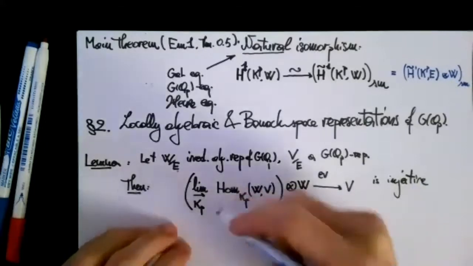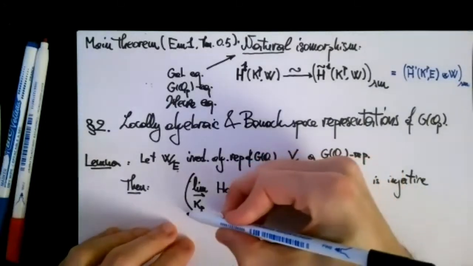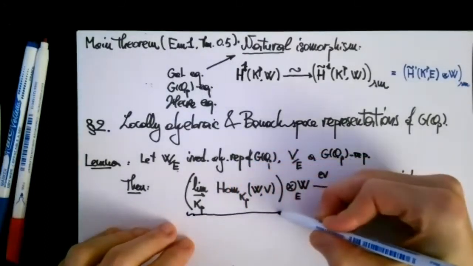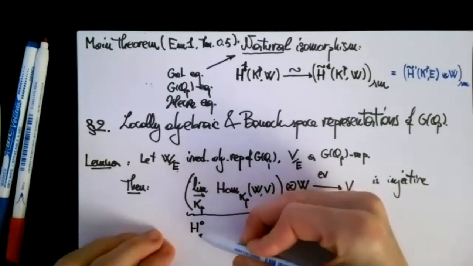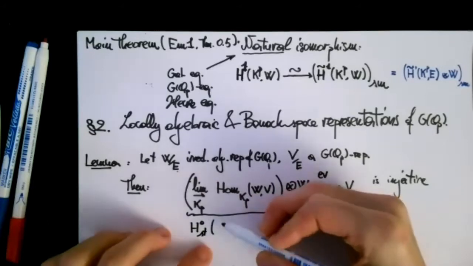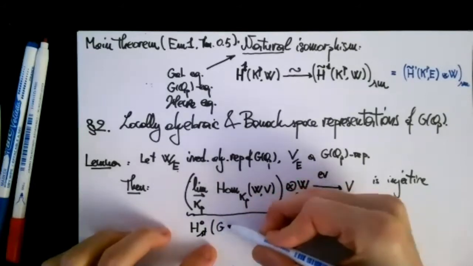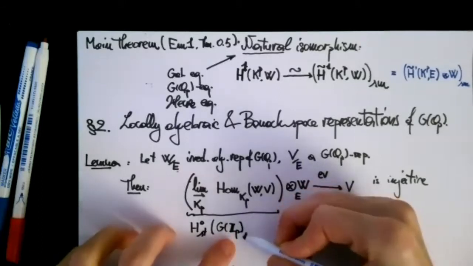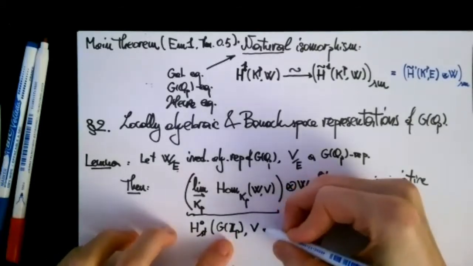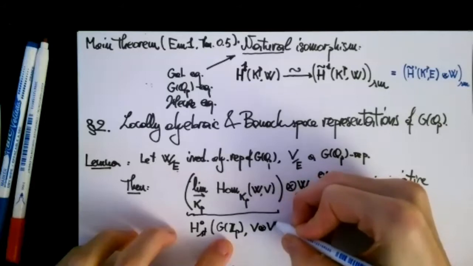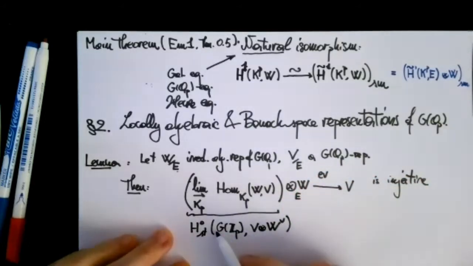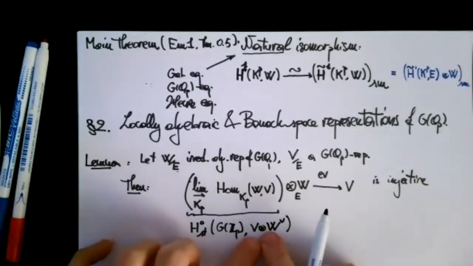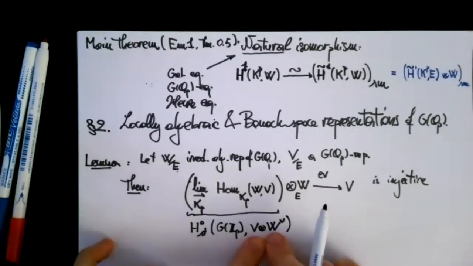So this object here will be denoted in the following as H^0 stable, with respect to G(Q_p), of V times W dual.